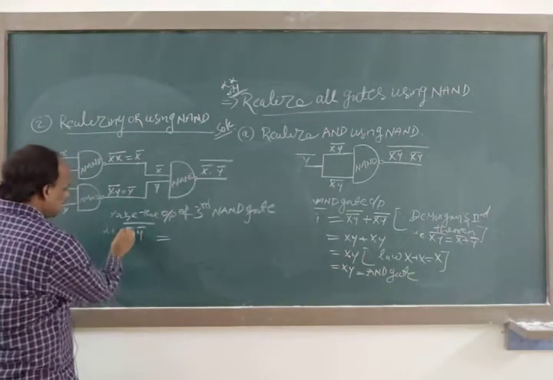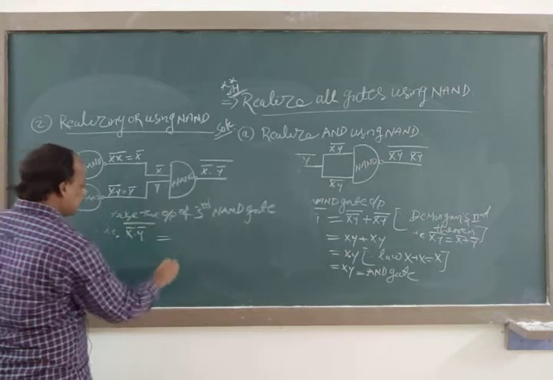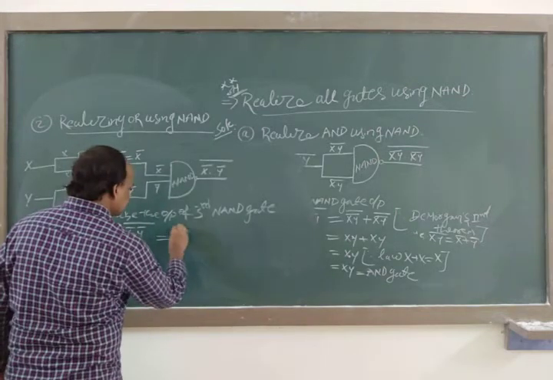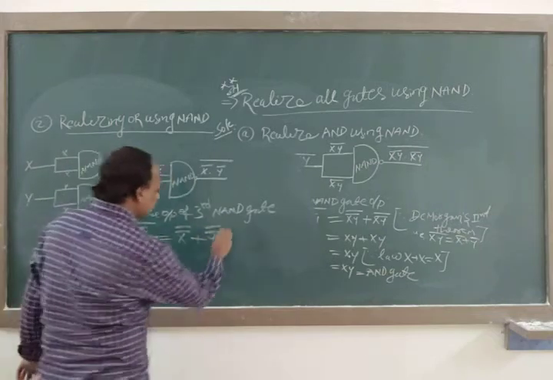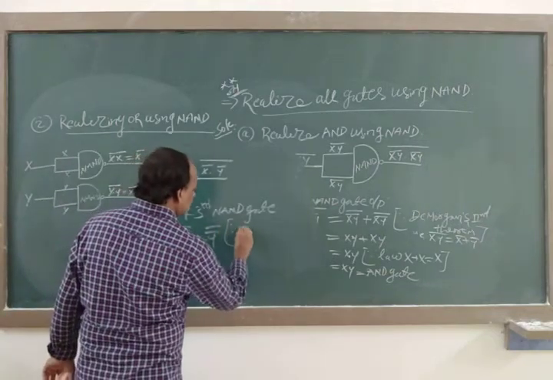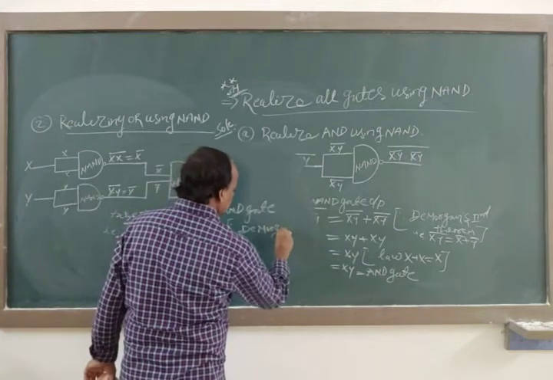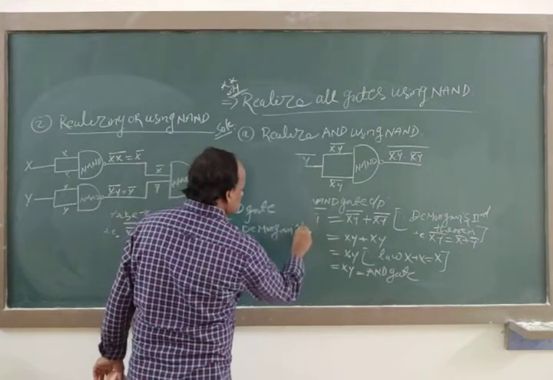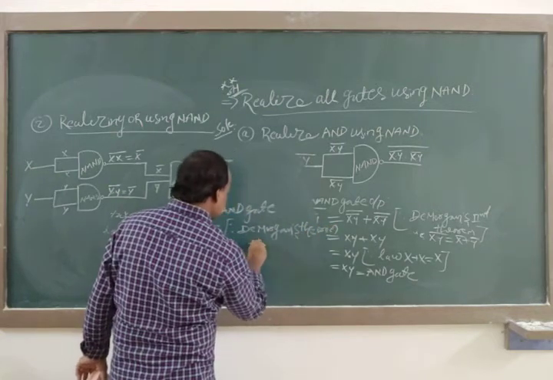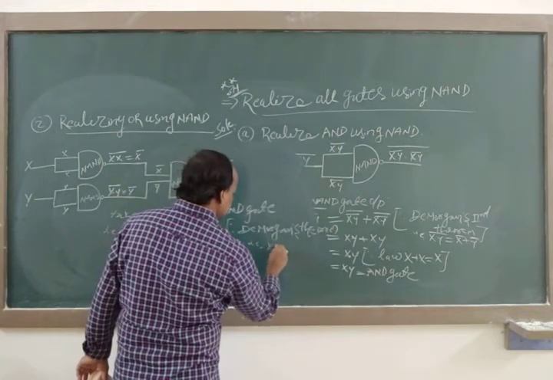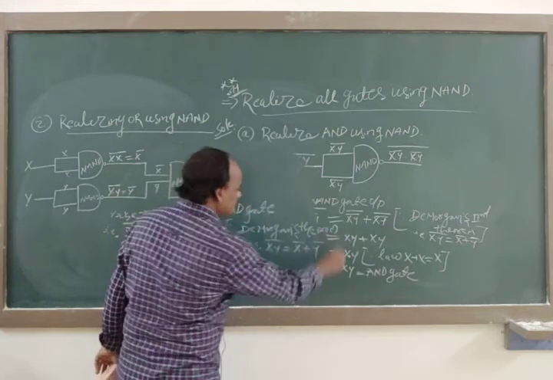That is, x bar into y bar whole bar can be written as x double bar plus y double bar, because of De Morgan's theorem, that is x into y whole bar can be written as x bar plus y bar, right?